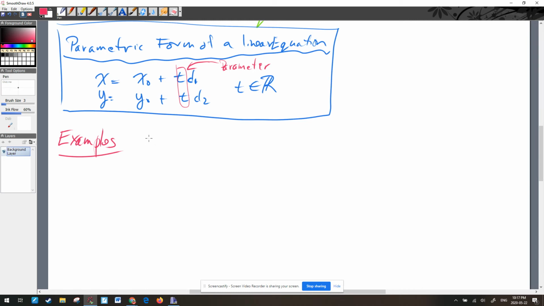So imagine we're given y equals negative 3/4 x plus 8.